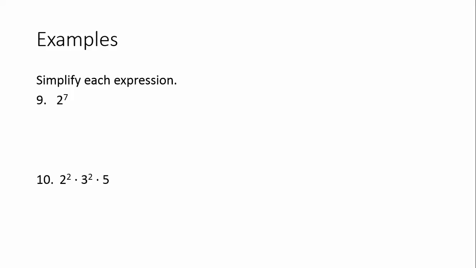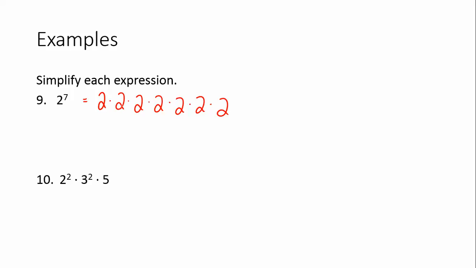So let's simplify the expression 2 to the 7th. Remember what that means. It means 2 times 2 times 2, 7 times. And we want to simplify this. Well, what is 2 times 2 times 2 times 2 times 2 times 2 times 2?